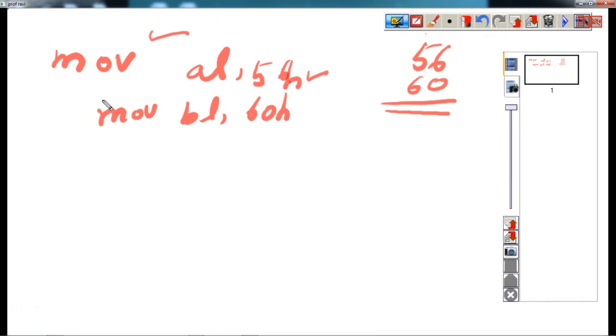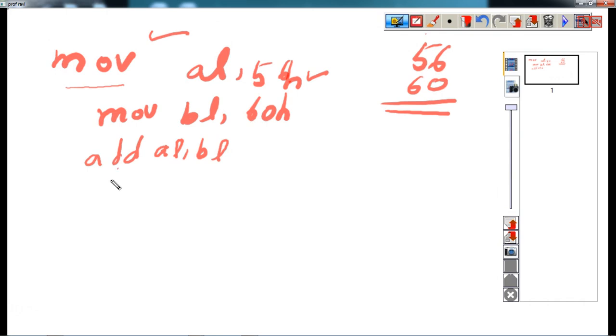Then there is an instruction. MOV is one instruction which will move the data. We'll see these things in detail. There is another instruction called ADD. So ADD AL, BL adds one register with the other register.